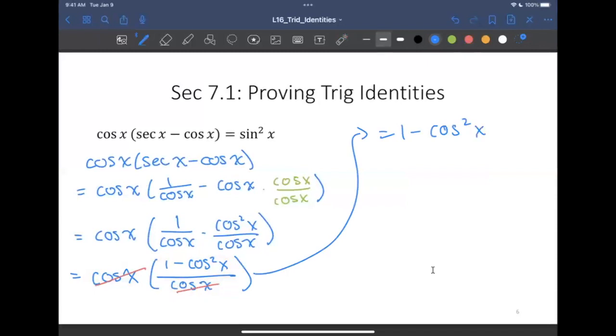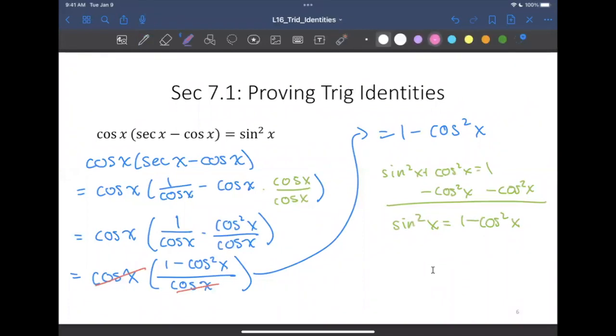Now, this doesn't look like a trig identity that we've seen before, but sometimes we have to manipulate trig identities to get what we want. So a trig identity I know that has cosine squared of x is sine squared of x plus cosine squared x equals 1. Notice if I subtract cosine squared x on both sides, I get sine squared x equals 1 minus cosine squared x.